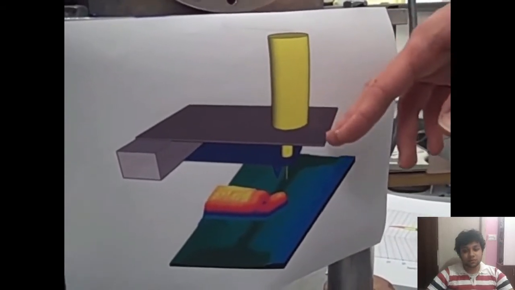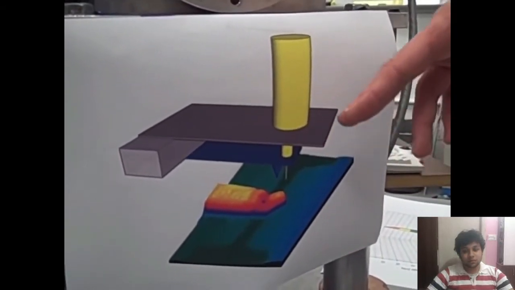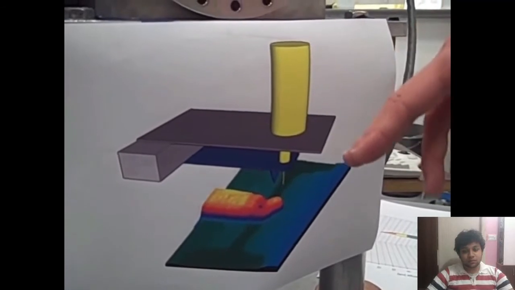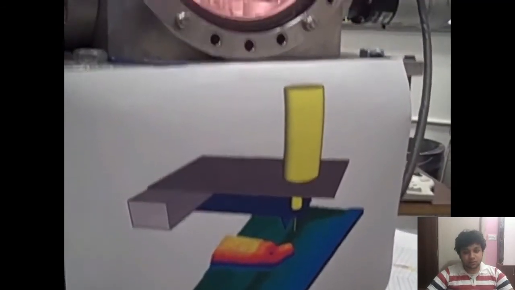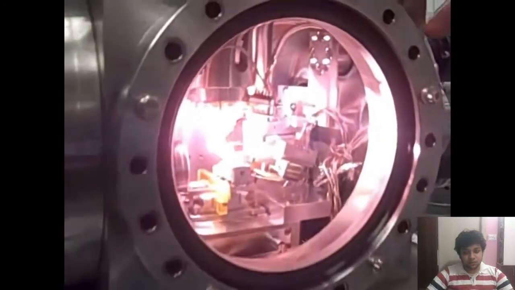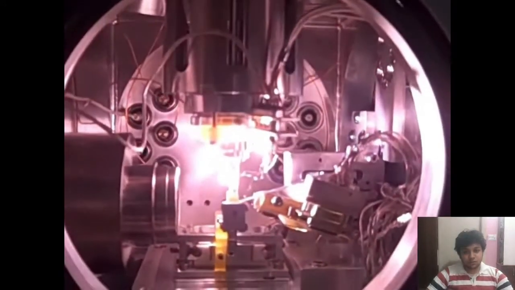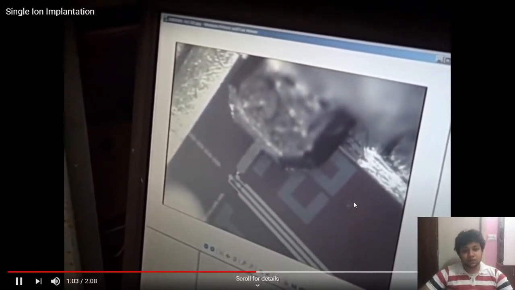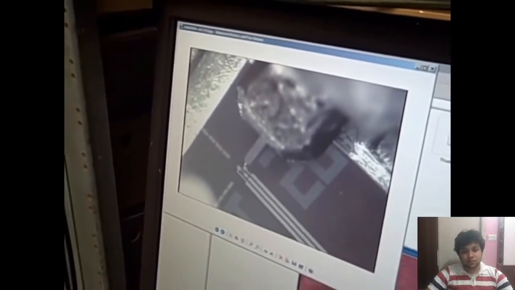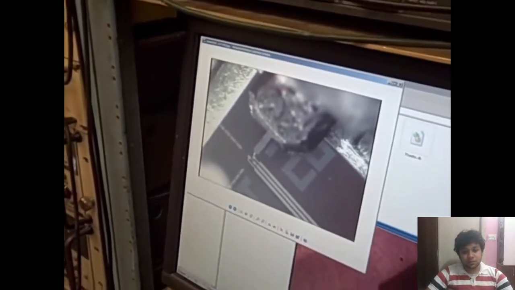And with the AFM we can scan our area of interest first, move the tip to a specific location, and then we can implant the ions where we want them to. And here you can see how our ion setup looks like. Over here you see a close-up of the chamber you just saw. You see our AFM tip and the silicon transistor in which we're going to implant single ions.